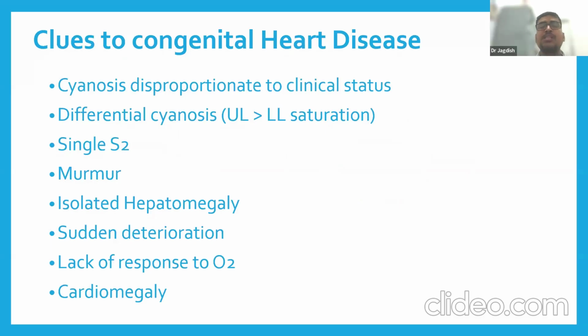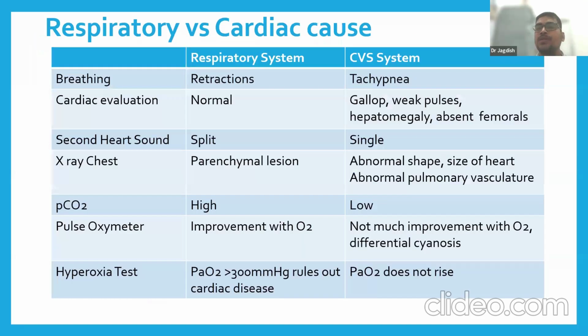When the cyanosis is disproportionate to the clinical status, or there is a differential cyanosis, a difference in saturation between upper limb and lower limb, single heart sound, presence of murmur, hepatomegaly, sudden clinical deterioration, no response to oxygen, or cardiomegaly in the X-ray, we can suspect a congenital heart disease.